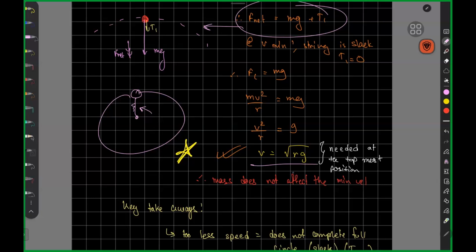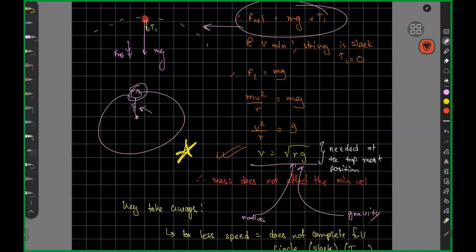And what does the minimum velocity depend on? The radius of the vertical circle and the gravity, not mass. So this is telling you that this entire motion is mass independent. Doesn't matter. You can have 1,000 kg of an object over here.